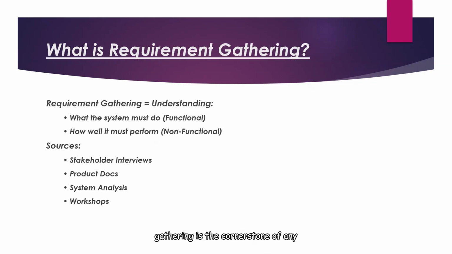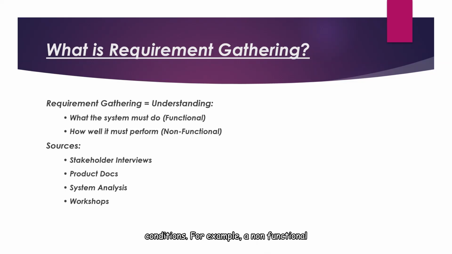Requirement gathering is the cornerstone of any successful system design process. Simply put, it's about collecting the essential details regarding what the system needs to accomplish and how well it needs to perform. This includes understanding both functional requirements, which describe what the system must do, like allowing users to register, log in, or perform a transaction, and non-functional requirements, which focus on how the system should behave under various conditions.